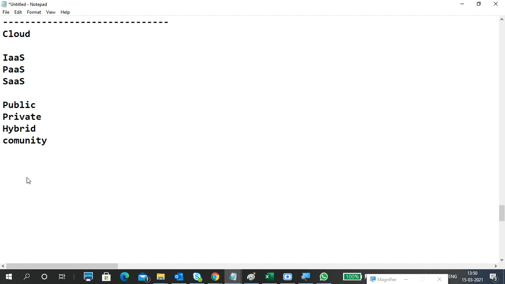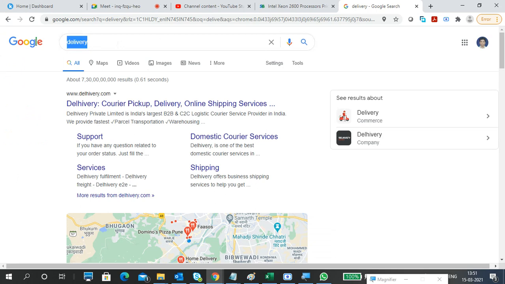This is the cloud. Okay, community cloud actually, again we have to check it. What is a community cloud?